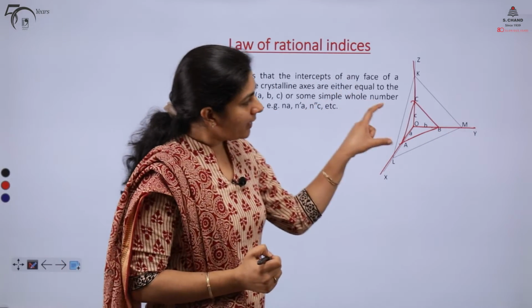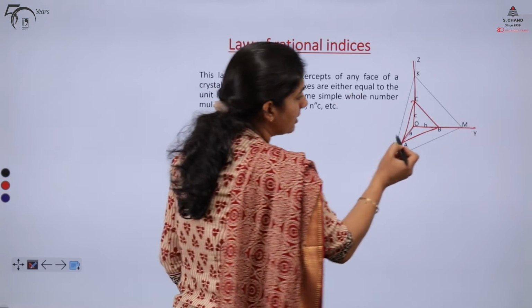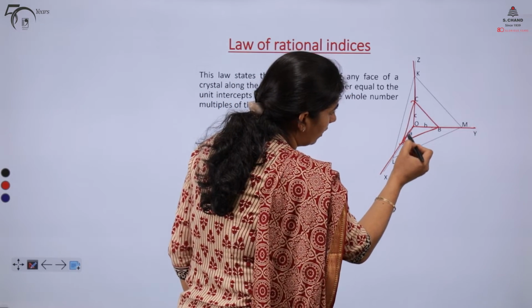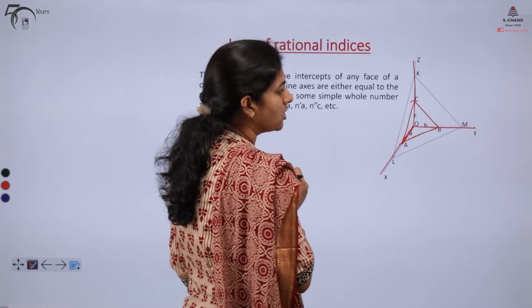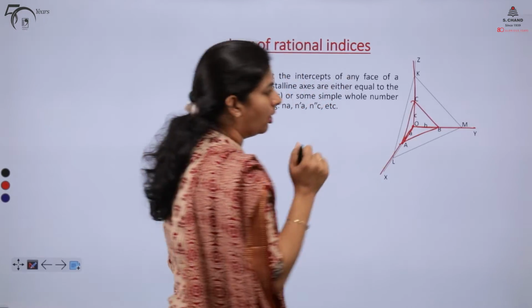Now what are the intercepts that this plane makes on these crystallographic axes? It has covered, let's say, A distance along X axis, B along Y axis and C along Z axis.